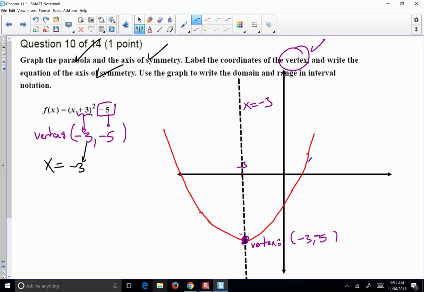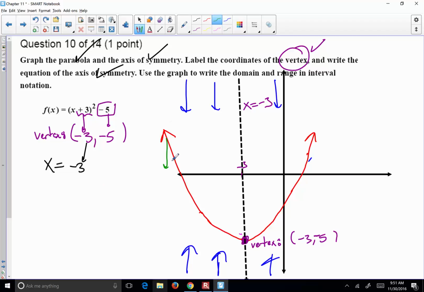Yep, exactly. To find domain, you're going to press this up and down to the x-axis. Smash this to the x-axis. What do you observe? And imagine these arms, branches, are going indefinitely to the right and left. What is it? Yep.